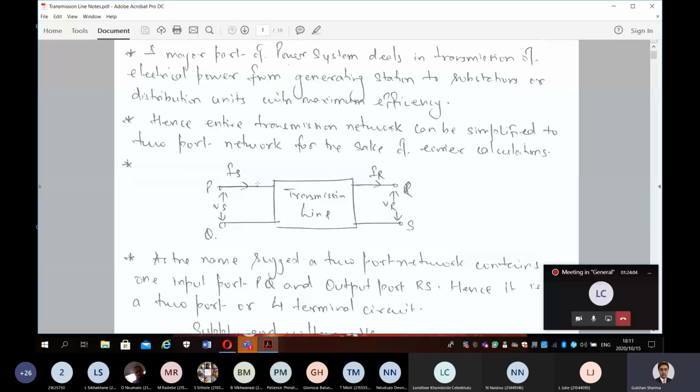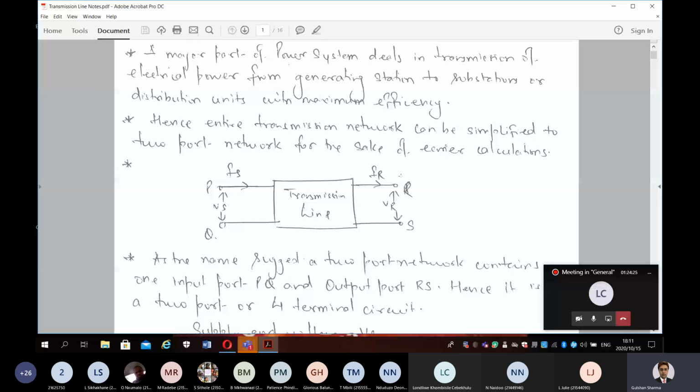This network is designed in such a way that the entire transmission line is linked with one input port named PQ and one output port RS. We have the sending end voltage and sending end current on this side, and the receiving end voltage and receiving end current on this side.